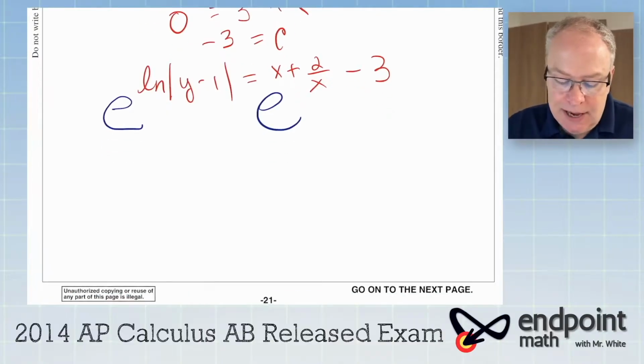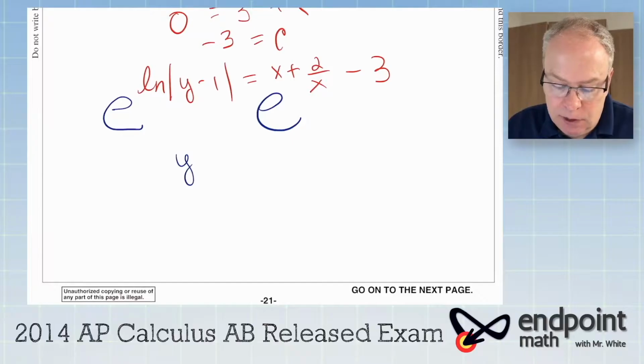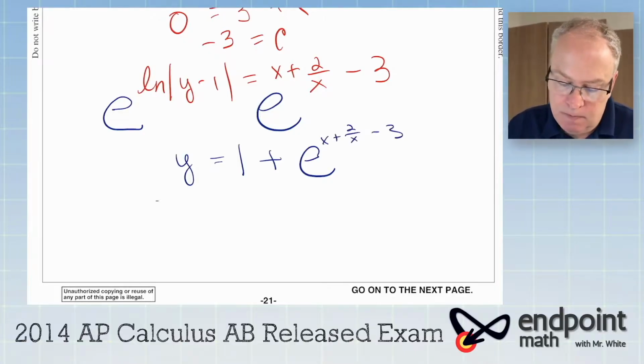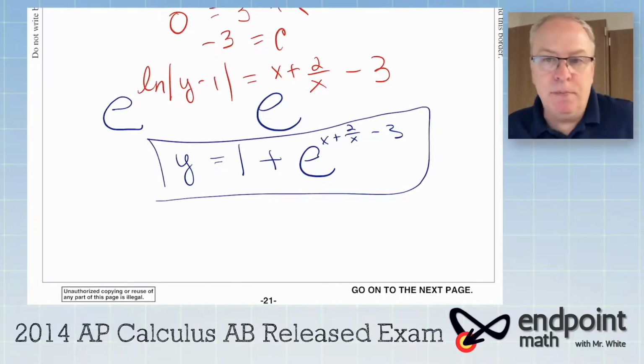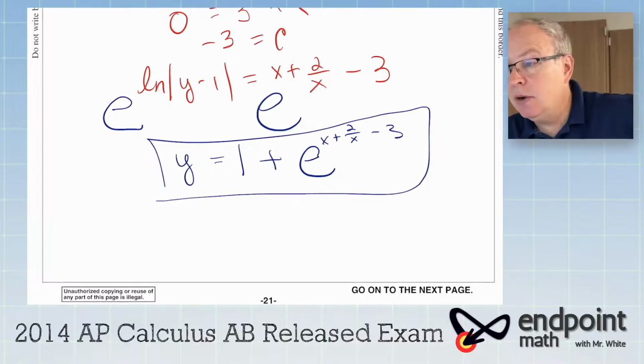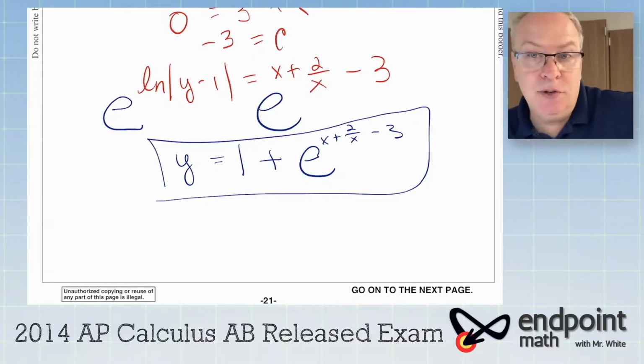You put a base e on both sides, you're left with y minus 1 all by itself. So then if you add 1 to both sides, you get 1 plus e to the x plus 2 over x minus 3 power, and that is what we call the particular solution. And that is the correct answer. I'm looking at it here on the rubric. We got all 6 points.